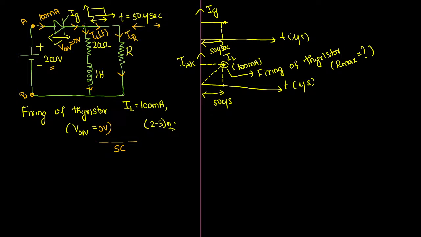If you apply KCL, Kirchhoff's current law, at this point, the latching current flowing through the SCR is 100 into 10 power minus 3. That will be equal to the current through the inductor IL of t plus the current through the resistor R. So this is the overall current. Can I write like this? Yes, of course.